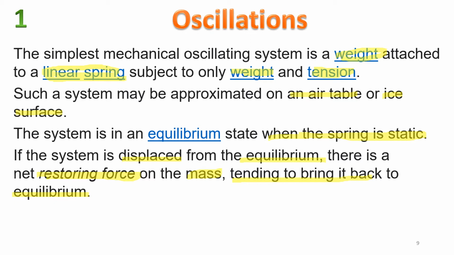But when the system is restoring to the equilibrium position, because of the mass involved in our discussion, which has momentum, it gains some kinetic energy and goes in the opposite direction, and that sets up a kind of periodic motion which we are calling oscillations.